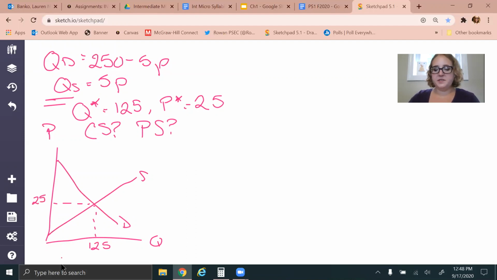So when we talk about consumer surplus, remember, this is the benefit consumers are getting from the market. In our example here, we look at maybe a point up here. There were people that wanted this product, say it's a pair of jeans.